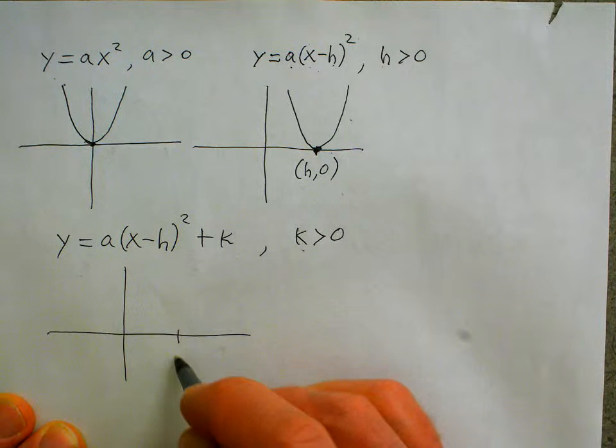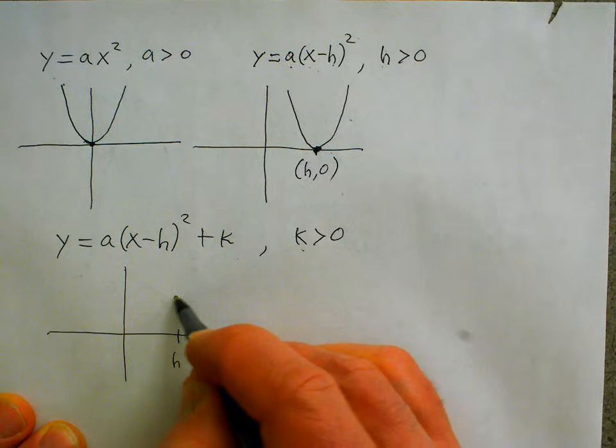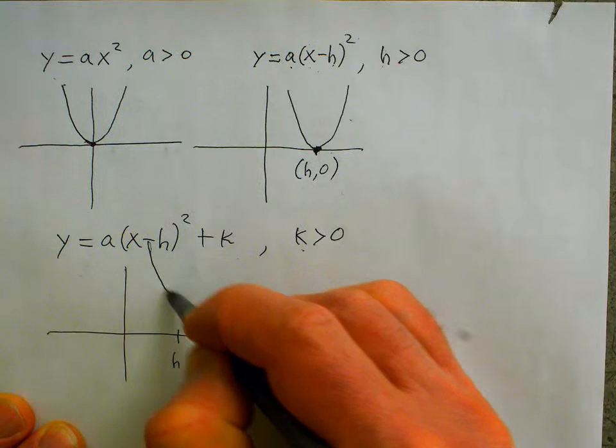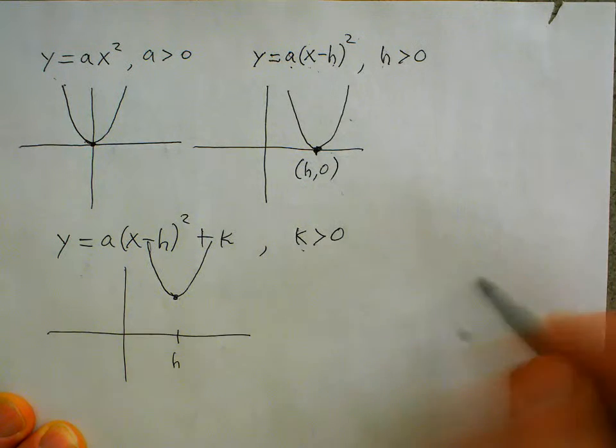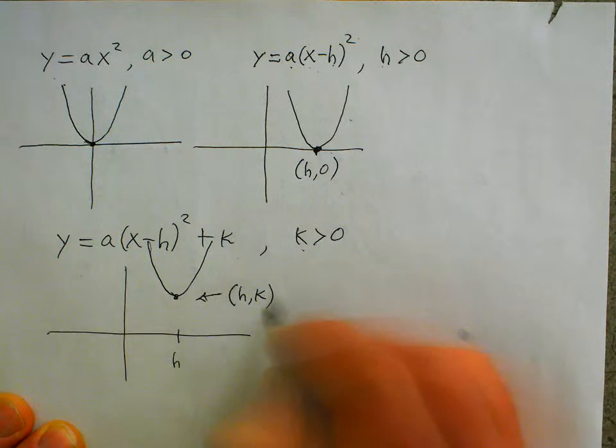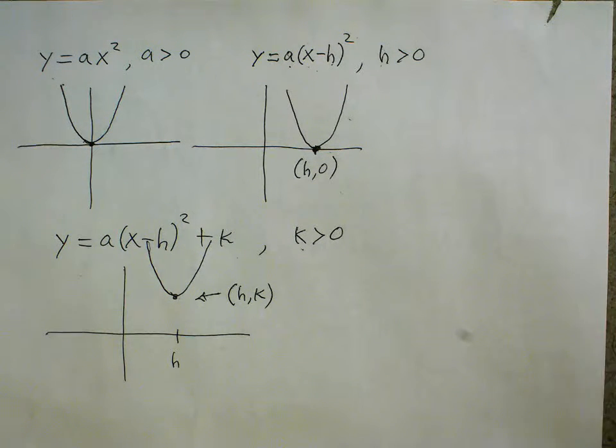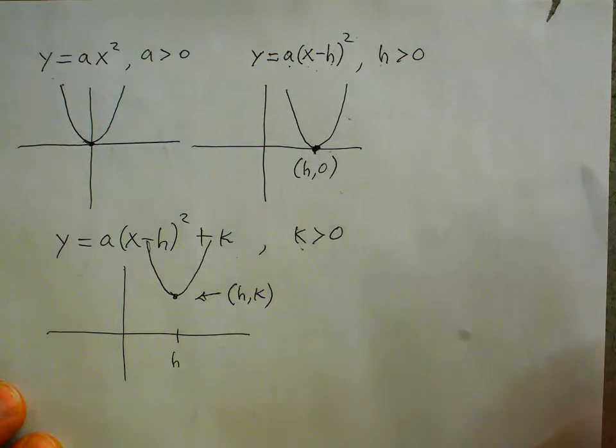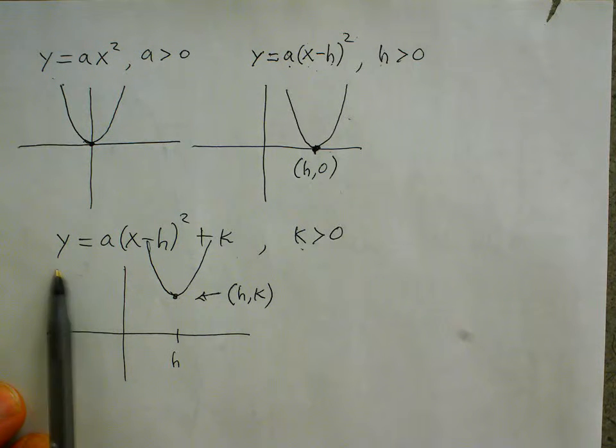So here's where h is, but we're moving the parabola upwards by k units. So the vertex is hk.